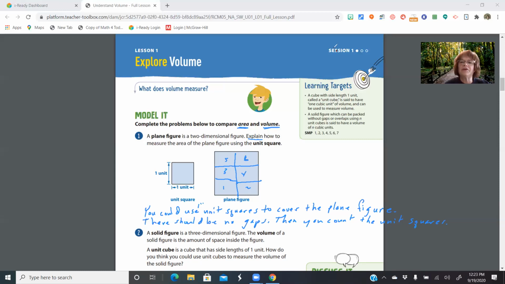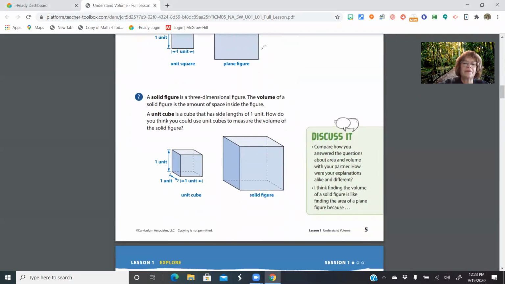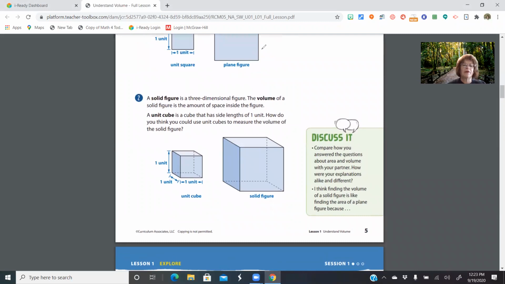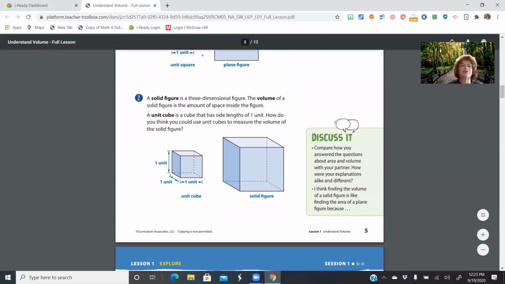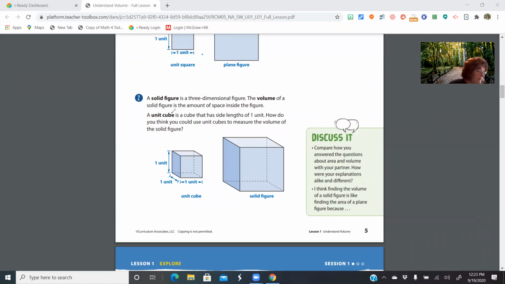Once again, if you need to pause to write your answer, that's fine. If not, then we'll just keep going here. All right, go back to my mouse so I can scroll down without writing all over my paper. So let's go on to number 2. Number 2, a solid figure is a 3-dimensional figure.